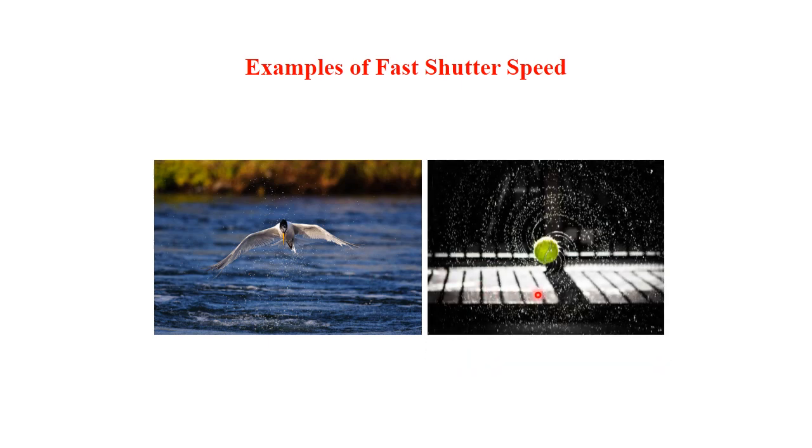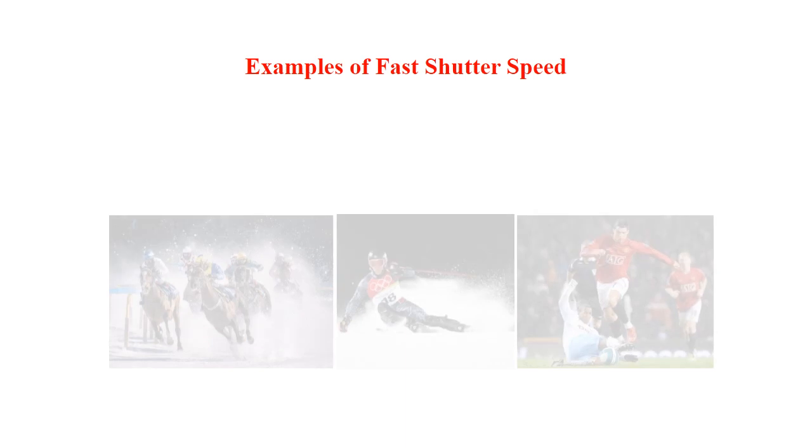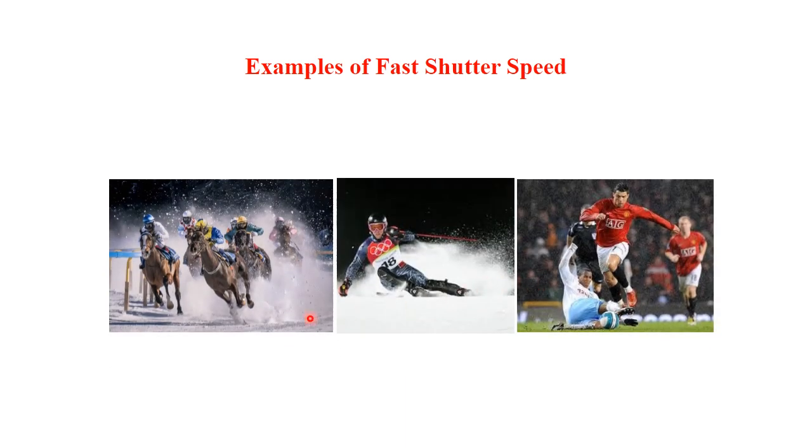Let's see another example. This is a ball which is rotating, and again, if we want to capture the movement of the ball, it is with the help of the fast shutter speed that we can have it. Otherwise, we will not be able to. Other examples, let's have a look at these examples. Again, in all of them we are having movements.